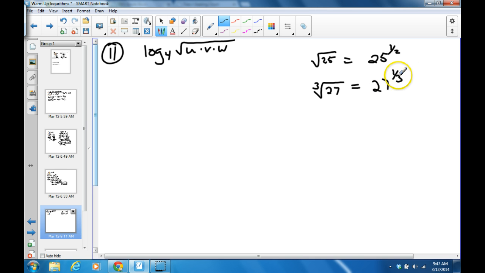So you guys are going to need to remember that you're going to need to transform it to this way first. So on this one, I can rewrite this as log base 4 of u v w to the 1/2. Now, using the rules that you have learned today, what do I do with that 1/2? Put it in the front.